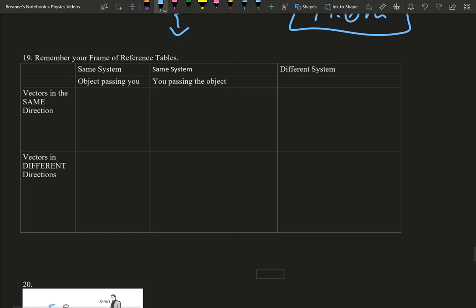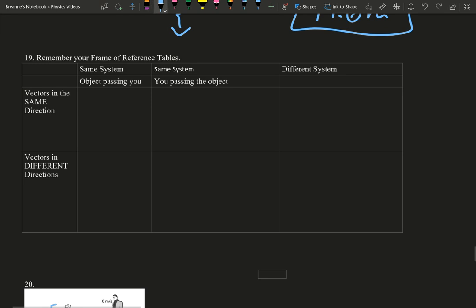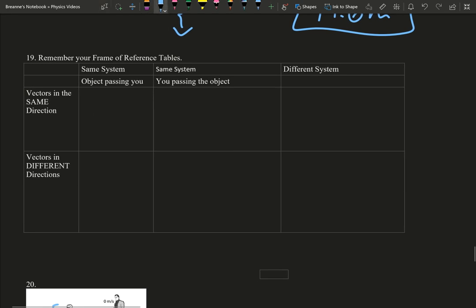So a couple of things to think about. If we're in the same system and the vectors are in the same direction, that means, think about a friend pushing you in the same direction. To figure out how fast you're going, you're going to end up adding. Actually, real quick, I'm going to end up flipping these.